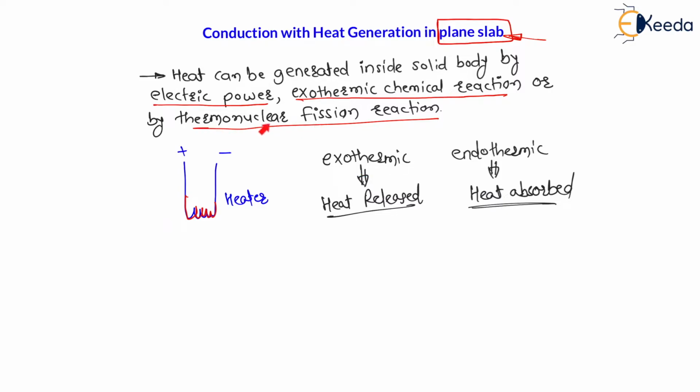And again, there may be a thermonuclear fusion reaction. Now, my dear students, in nuclear reactions there are two types of reaction: one is fission reaction, the other is fusion reaction.